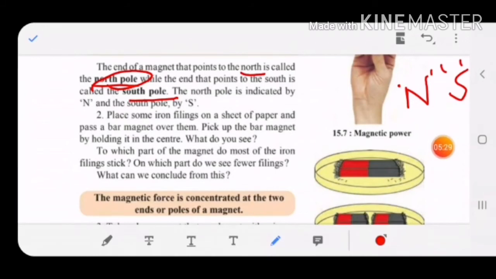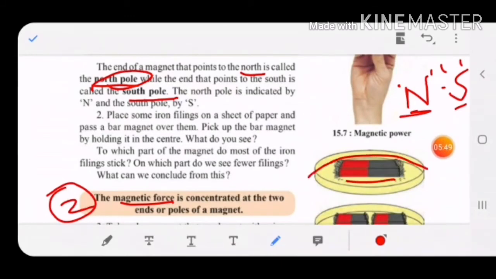Now, to prove this very important characteristic, that magnetic force is concentrated at the two ends only, not in the center, take some iron filings on a sheet of paper, or in a plate like a saucer. Pass a bar magnet over them, holding the bar magnet in the center.